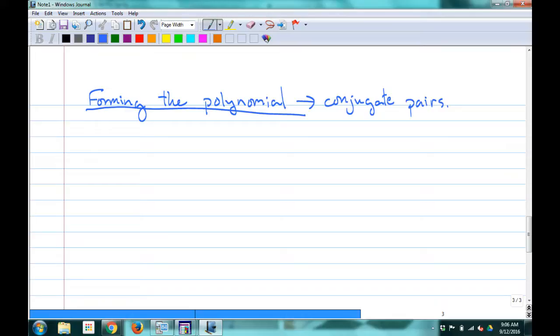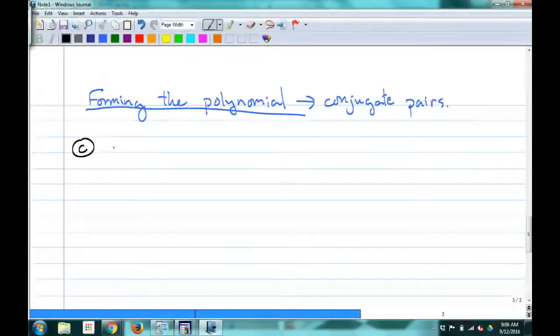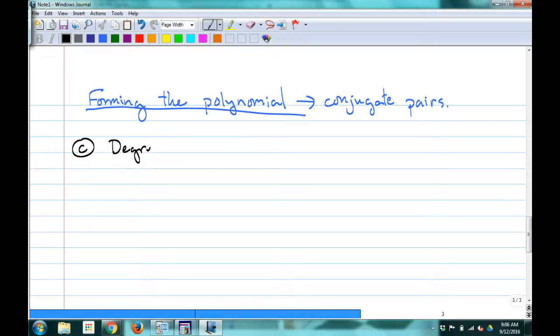They'll just say, all right, let's build a polynomial of degree 3. Forming the polynomial, let's say they tell us the degree 3 with zeros negative 5 and square root of 6.